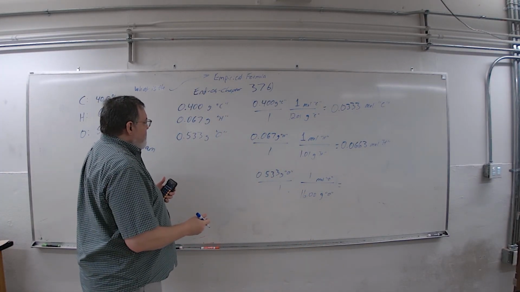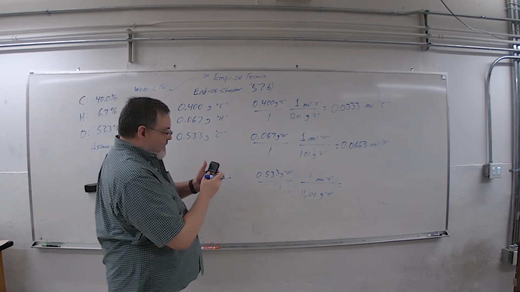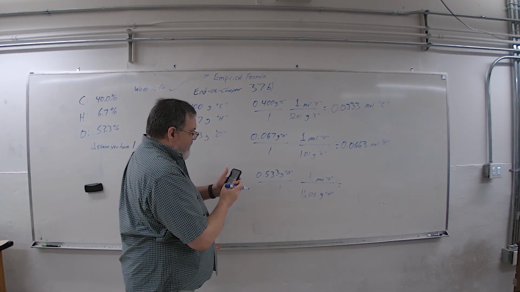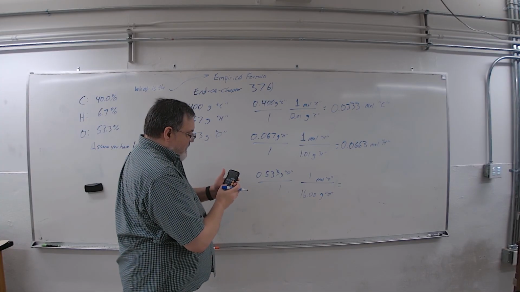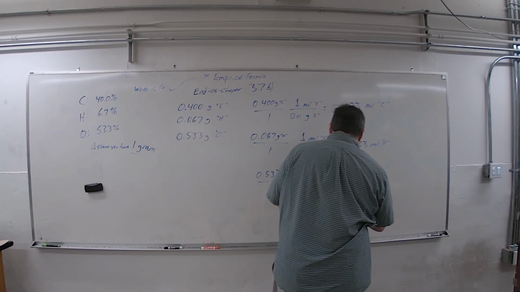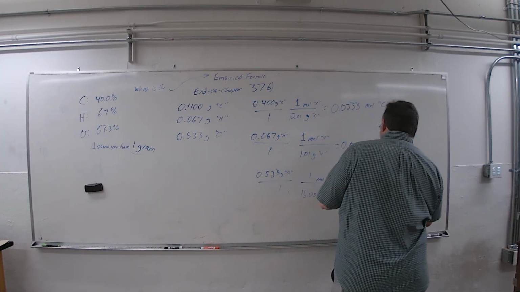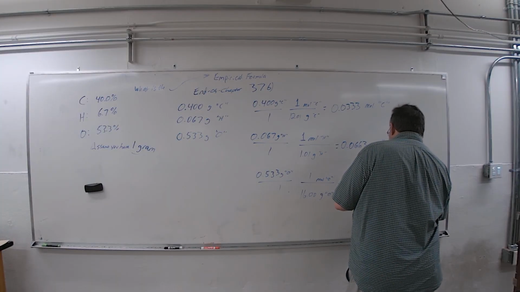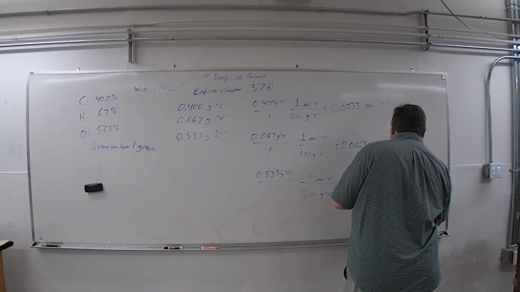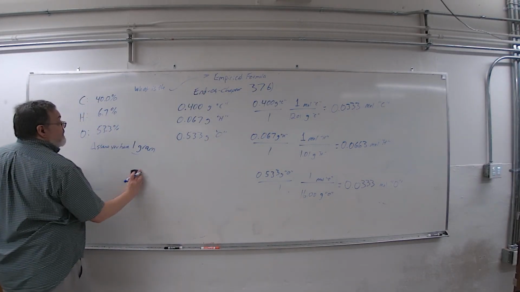That's really 2 significant figures, but I should have had a 0 there just to make this easier. 0.533 divided by 16.00. This will come out to a real molecule this time.